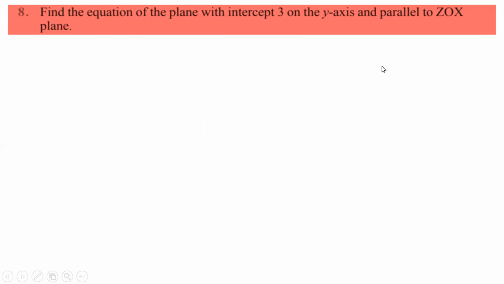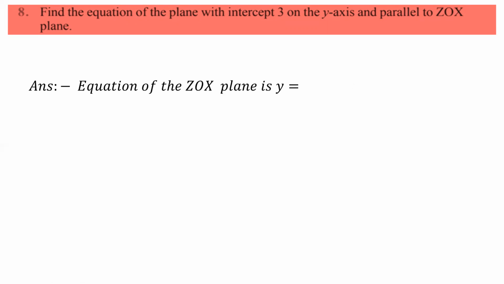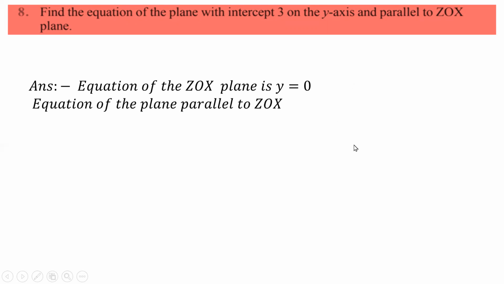Find the equation of the plane with intercept 3 on the y-axis, that is, the plane intersecting the y-axis at the point (0, 3, 0) and parallel to the ZOX plane. ZOX plane means XZ plane. You know that the equation of the XZ plane is y equals 0, and the equation of a plane parallel to it is y equals a constant.